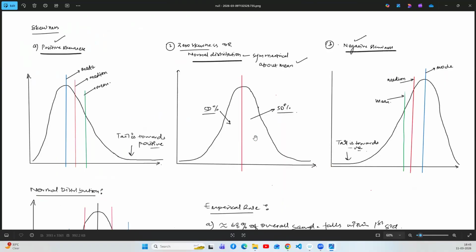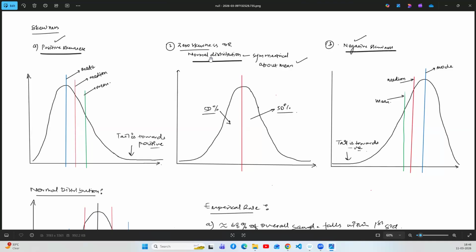One is your data will have a long tail towards the positive side, and the majority of the data will be closer towards the zero value, or closer towards one side, and it will be skewed towards the right-hand side.